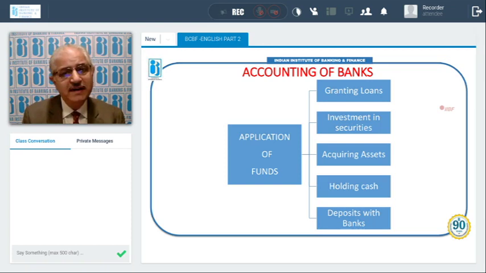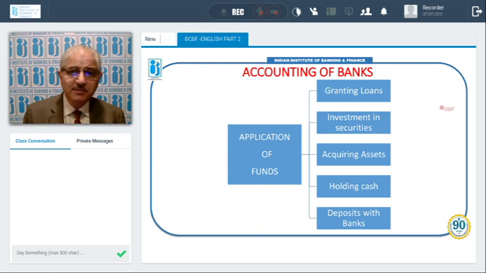Then banks also acquire assets. You could be buying a building. Banks might require to purchase computers, furniture. So all these are application of funds in case of banks. Then you also hold cash.